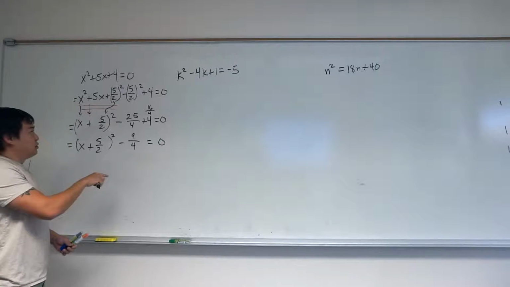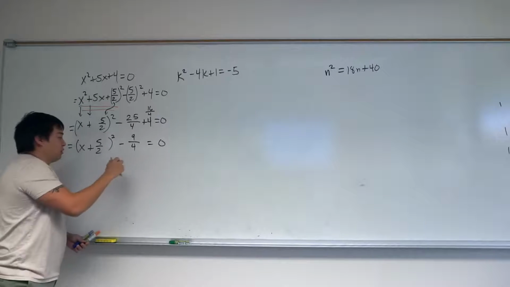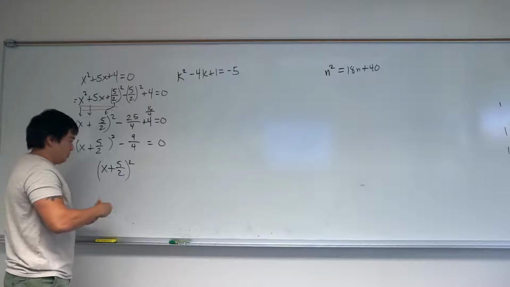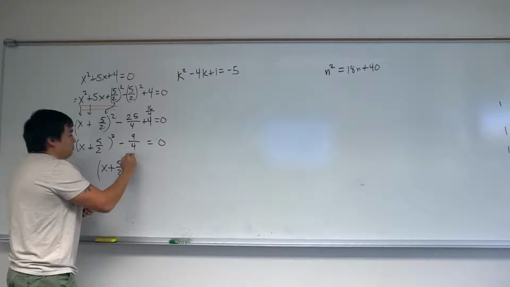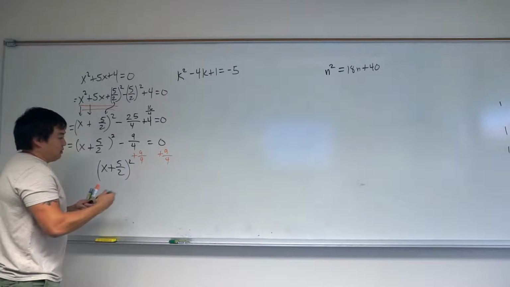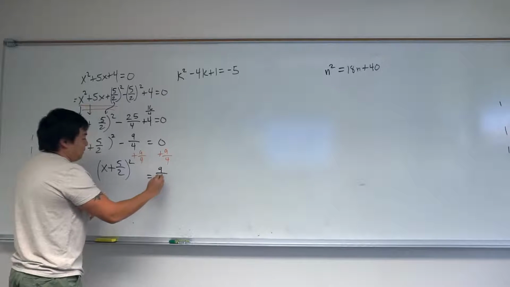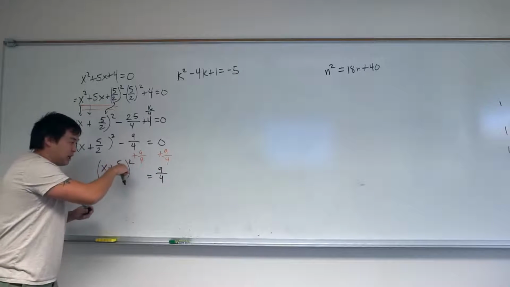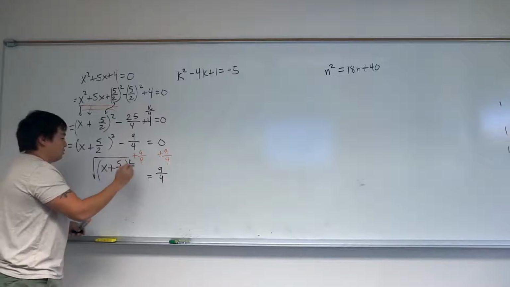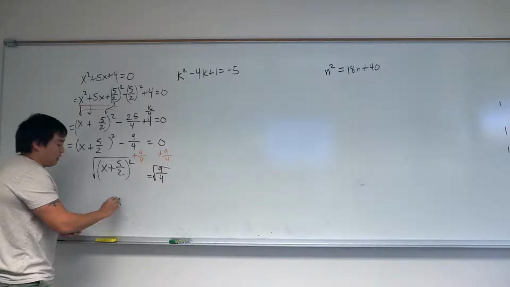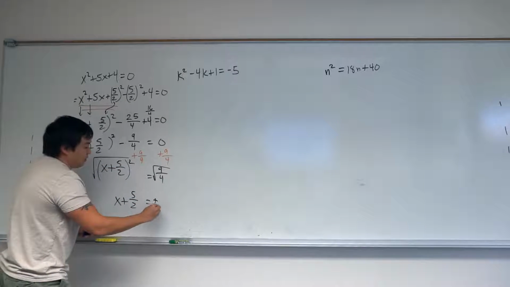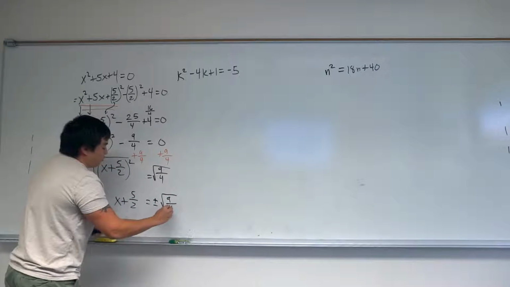To solve this, you're going to bring the constant over. So you get this is equal to 9 over 4. Now, since we have something squared equal to a number, we can square root both sides. And we get x plus 5 over 2, but the square root property tells us we need a plus or minus the square root of 9 over 4.